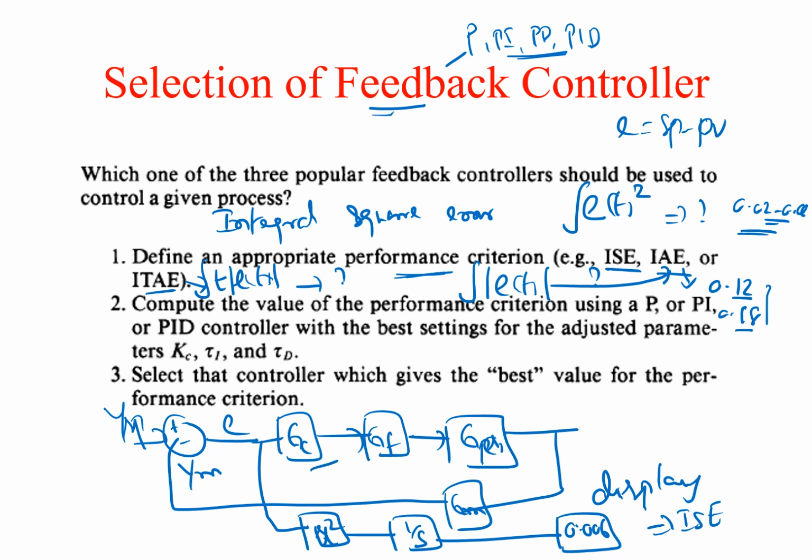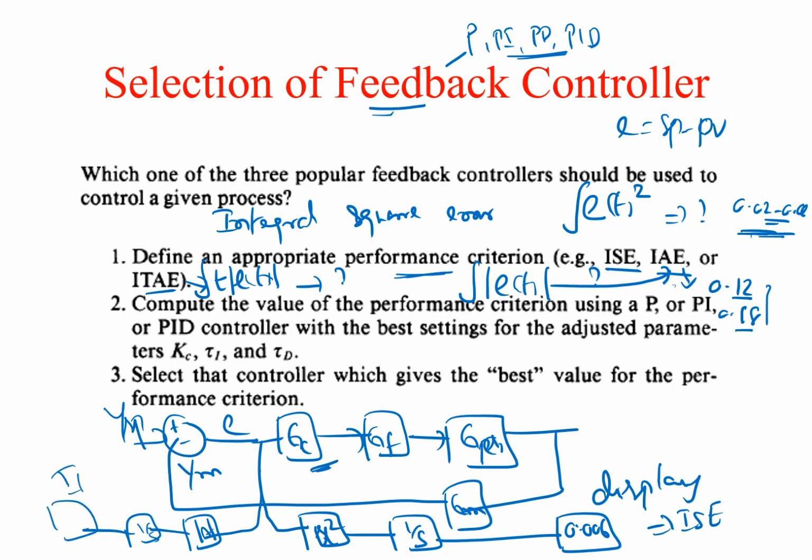So here we have to change the controller or change the controller parameters so that the range is satisfied. Similarly, if you want to include IAE, then you take the error, and in MATLAB you have an absolute unit, then that should be given to an integrator. Then here you connect the display unit.